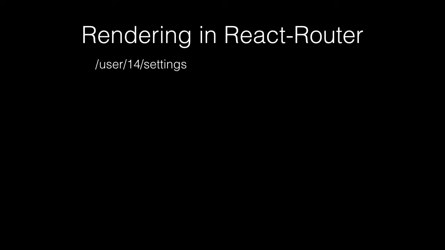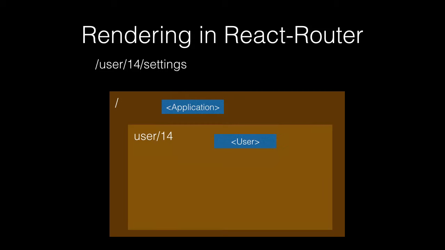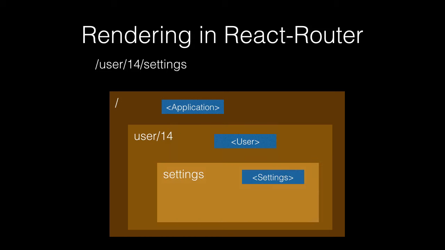So if we go back to routing, and this is our example, for example, /user/14/settings, if we want to use React Router, which is the library that's mostly popular out there, you probably want to have an application component that takes care of the slash, and it's going to have a nested user component that's going to show information about the user, and then you're going to have settings inside that user.